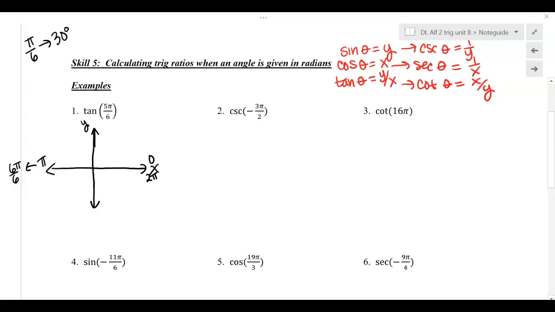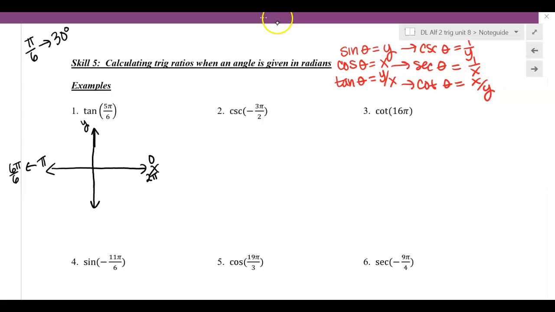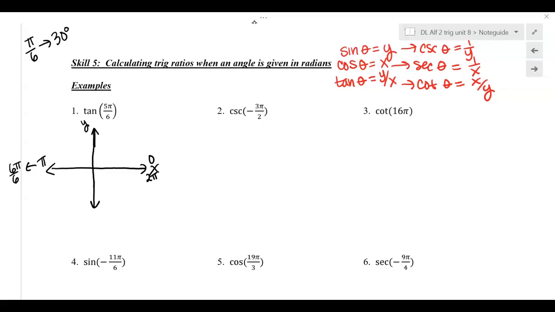So when I view 5 pi over 6, I view it as the 6th that happened right before 6 pi over 6, meaning it didn't make it all the way to 180 degrees. Instead, if this was where this angle started, it went in the positive direction and it made it just before that. Okay? And then because I know it's a pi over 6, I know that that's 30 degrees before that.